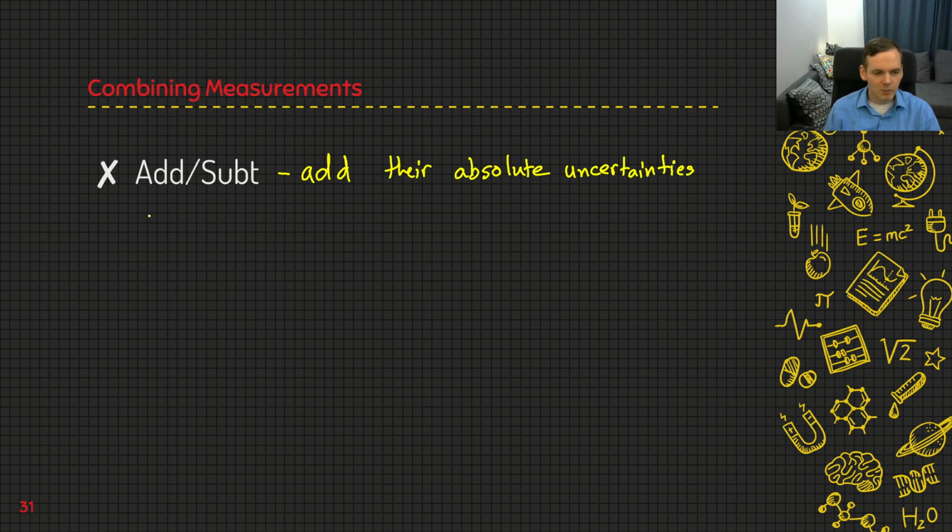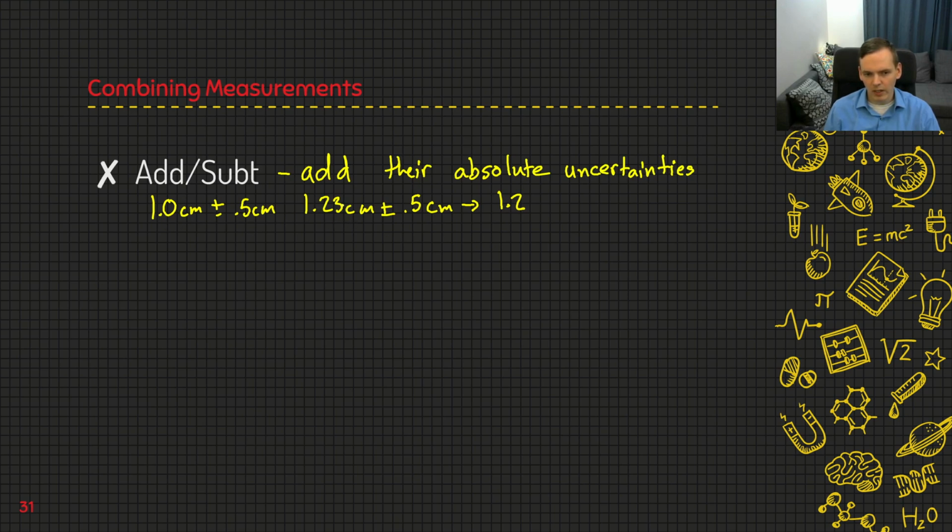As an example, if I have a measurement of 1.0 centimeters plus or minus 0.5 centimeters and another measurement of 1.23 centimeters plus or minus 0.5 centimeters, then my final value will be 1.2. Remember our significant figure rules.